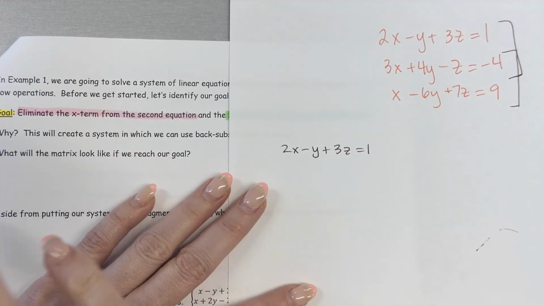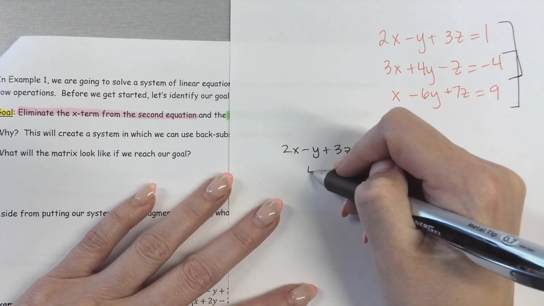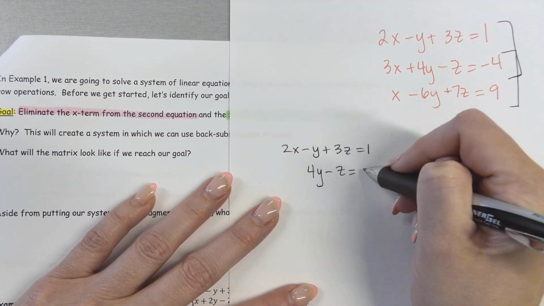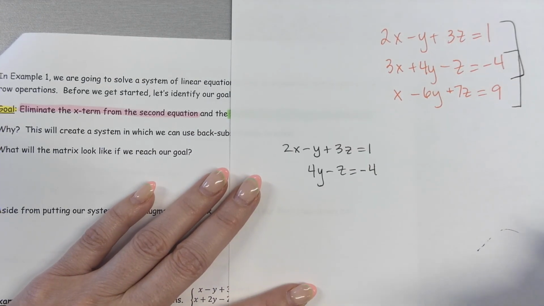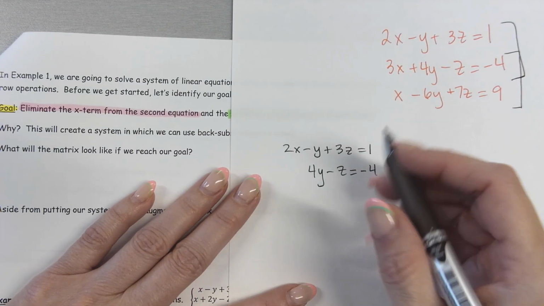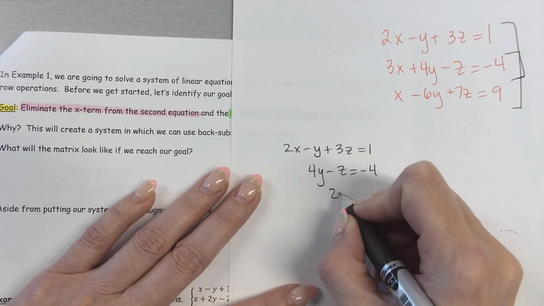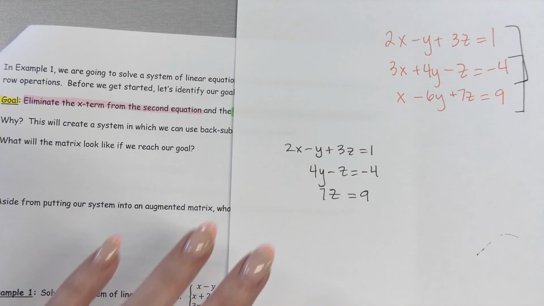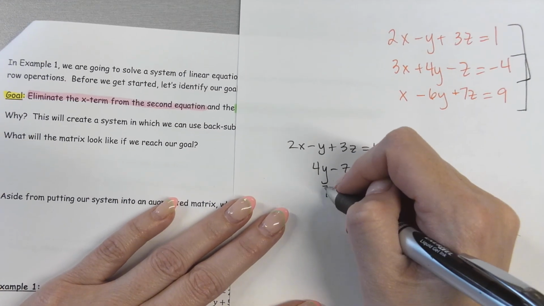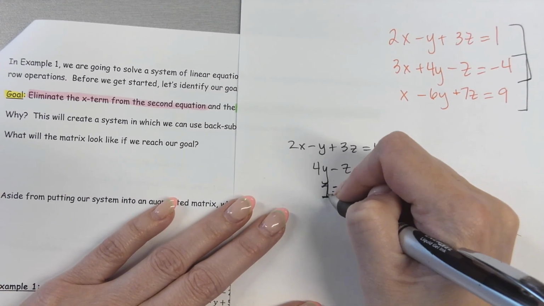Okay, if I eliminate the x term from the second equation, then I just get something that looks like this. And then if I eliminate the x and the y from the third equation, then I get something that looks like this. And eventually, I'm going to change this to a 1.